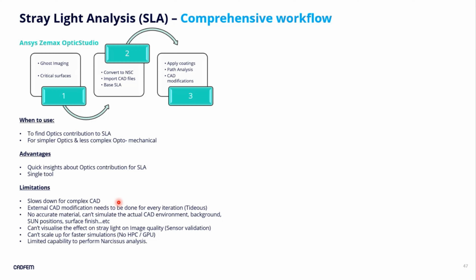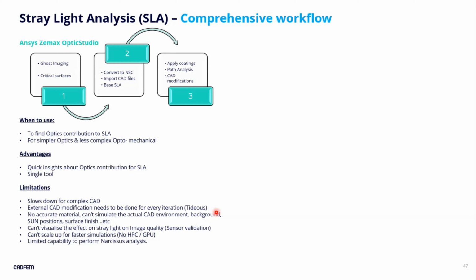But when complex systems come into the picture, for example designing large telescopes and off-axis systems, then complex CAD comes into the picture, and it takes a lot of time for Zemax to handle. And there is a tedious task for external CAD modifications. Even though you find from the path analysis which surface is contributing to the sensor, it's somewhat tedious to modify it.